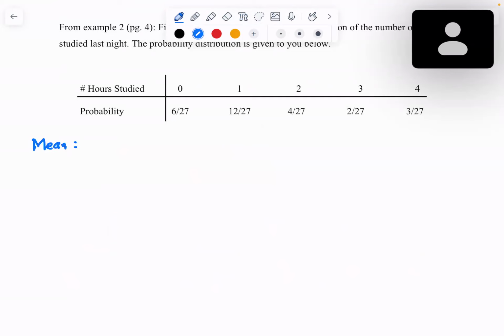Remember the mean, if we want to write it out, the expected value of x is equal to the sum of the x's times their probabilities, and I want to add all of those up. So what it looks like is this. I want to pair up each of these together, multiply them, and then add them.